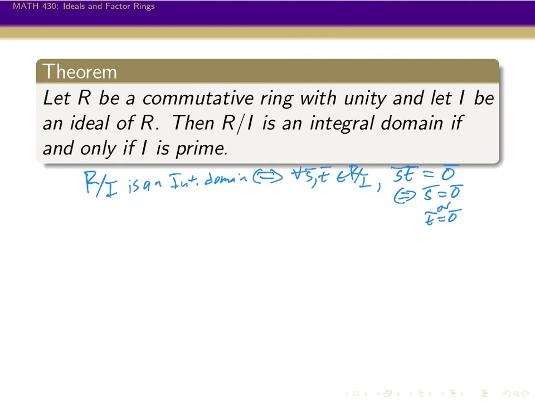So without loss of generality, I'm going to assume that S bar equals 0 bar. And so S bar is equal to 0 bar if and only if S is inside of the ideal, whenever S times T is inside the ideal.